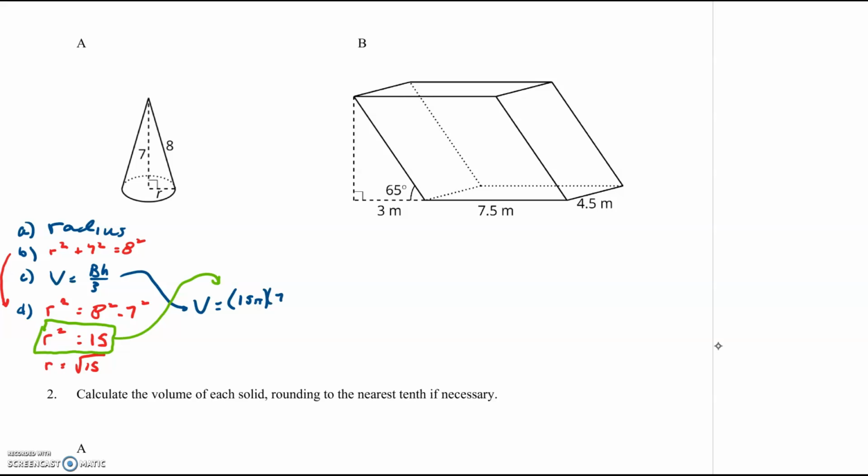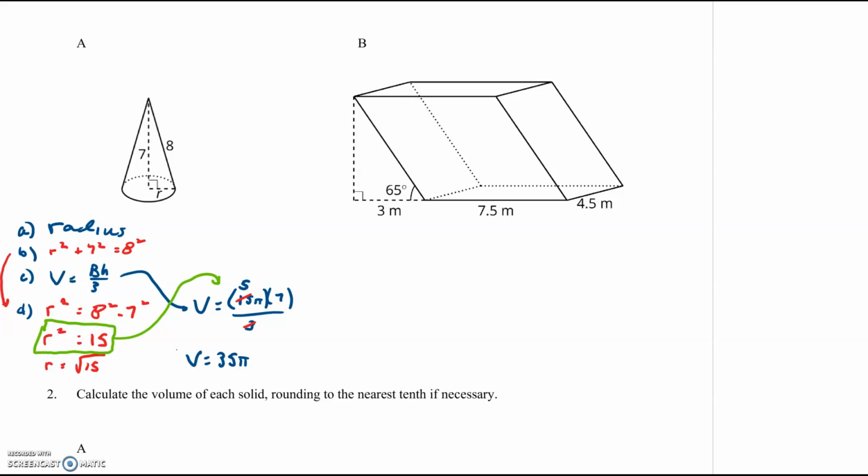Well, my height is 7. Then I'm going to divide by 3. Remembering what we did last video, we can cancel this factor of 3 with a factor of 3 here and change this 15 pi into a 5 pi. And 5 pi times 7 is 35 pi. So the volume of this cone is 35 pi.